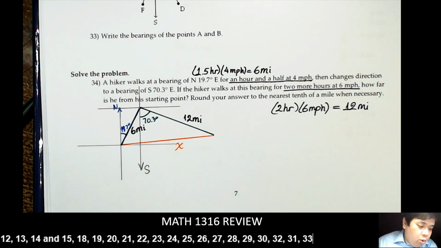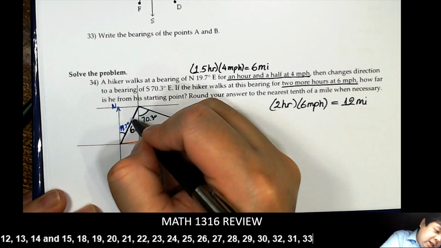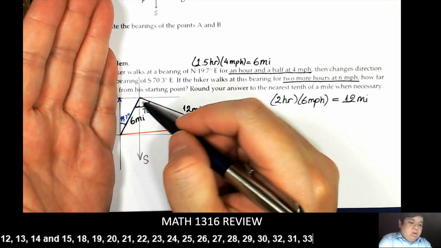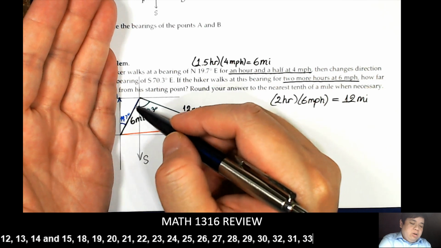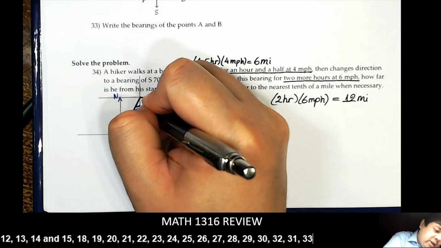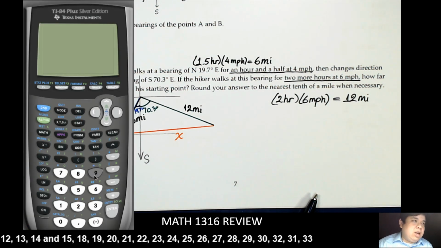Right. So first of all, if this angle is 19.7, this angle should also be 19.7 because there are two parallel lines and those are alternate interior angles. So those are also 19.7. This is 19.7 degrees as well. Let's use the calculator real quick. 19.7 plus 70.3 is 90 degrees.